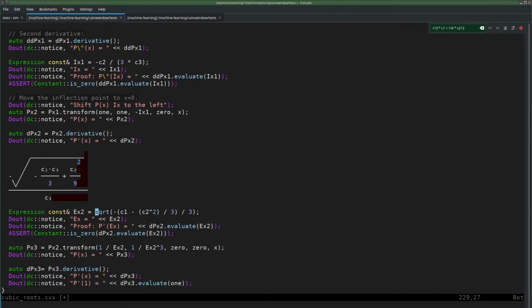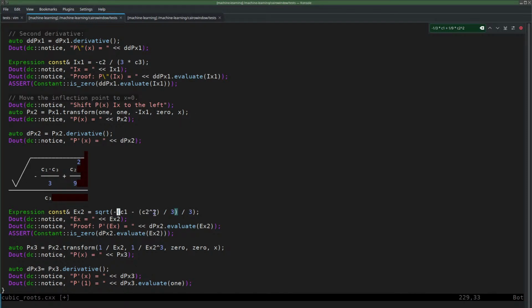Square root. Well, the other one is a plus. Okay, so let's remove this one. So we have the square root of minus C1 divided by 3. And then minus minus is a plus.